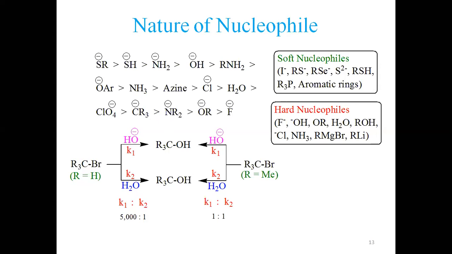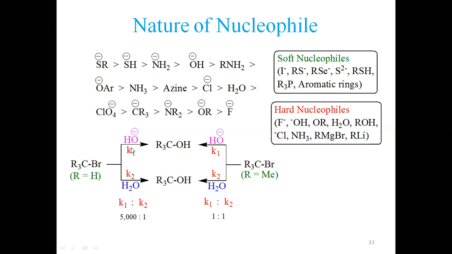Just I'm going to clear this with one example. Let's say we have R3C-Br, if this R is hydrogen, let's say this is methyl bromide. In other words, we are reacting this with water, or we are reacting with a base, OH negative, sodium hydroxide, potassium hydroxide. Here we have a negative charge on oxygen, here we have no negative charge on oxygen. So it does make a big difference towards reaction rate.